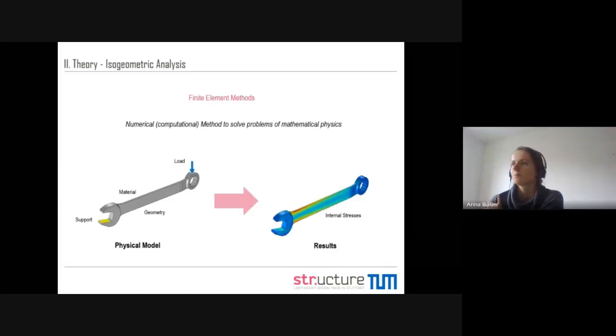So finite element methods, why do we need them? We have a physical model, but if we want to analyze its resistance to some loads, or whether we can use it in real life, we have to do some analysis. So we generate a model and want to compute the internal stresses for given loads and boundary conditions.